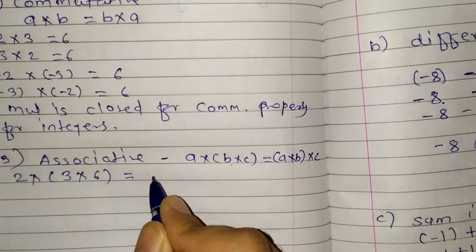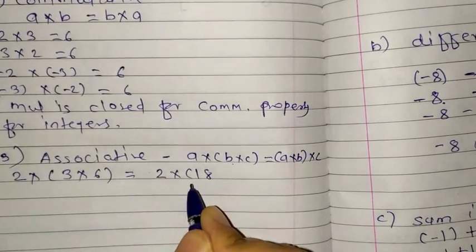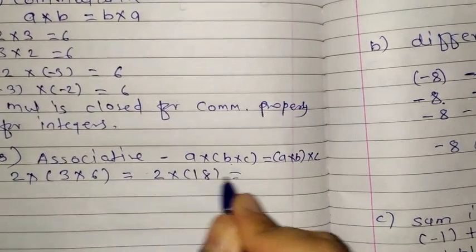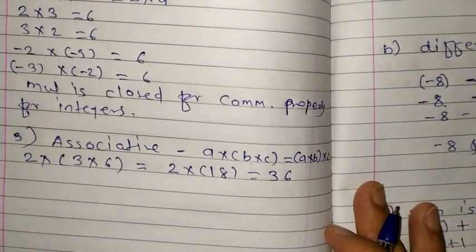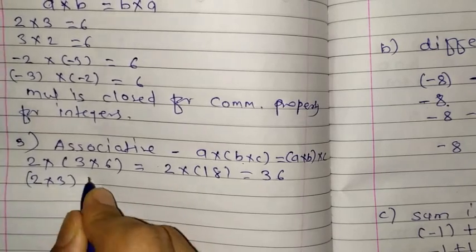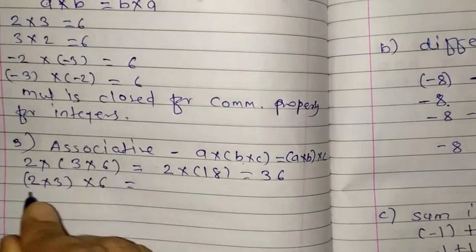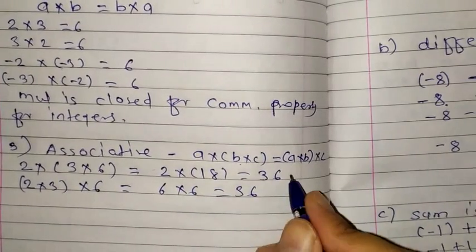It means the answer will come 2 into 18, and 18 into 2 is 36. Got that? If you change the bracket order, 2 into 3 into 6, then 6 into 6 is 36. So our answer is coming same.